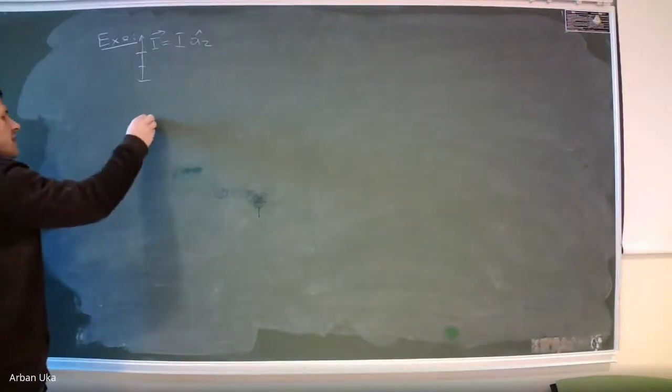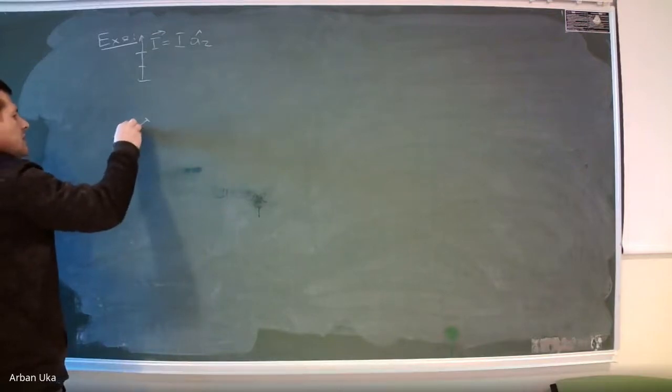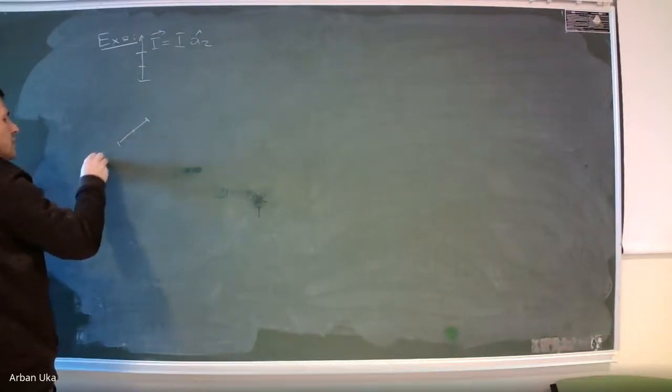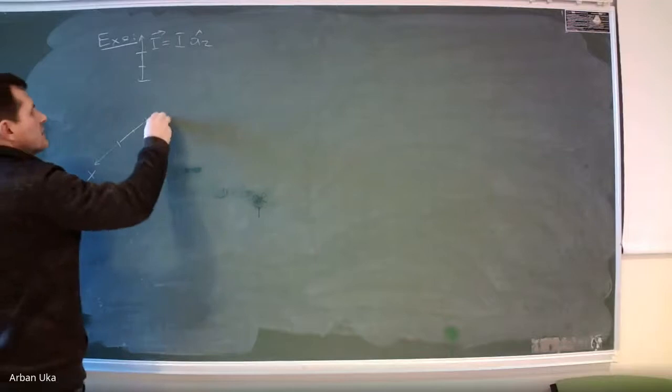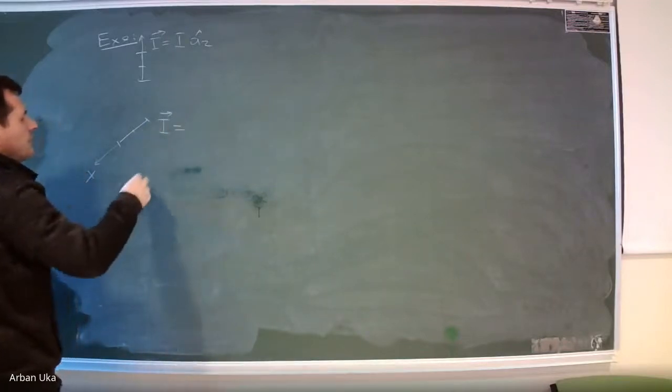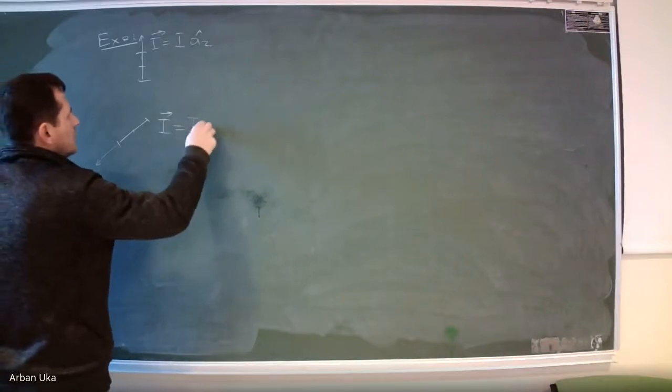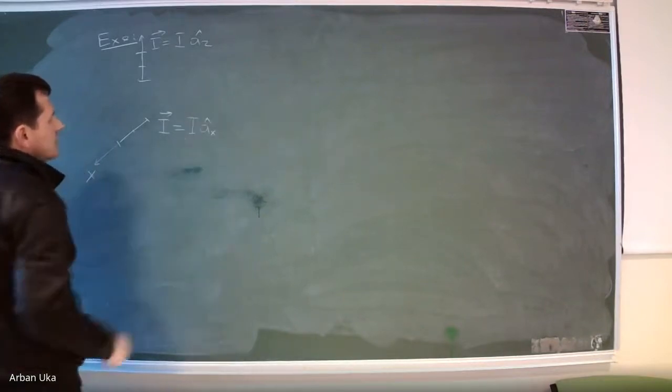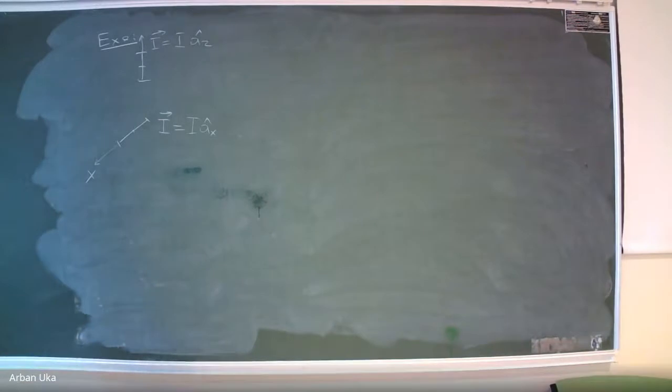And then we also considered a different case when the antenna was oriented along the x-axis. In this case, the direction of the current or of the dipole is pointing I times a_x, okay?